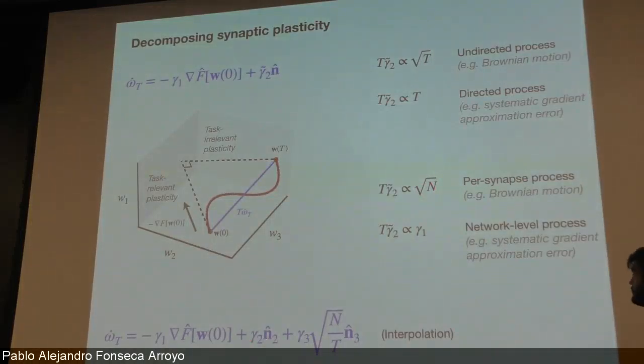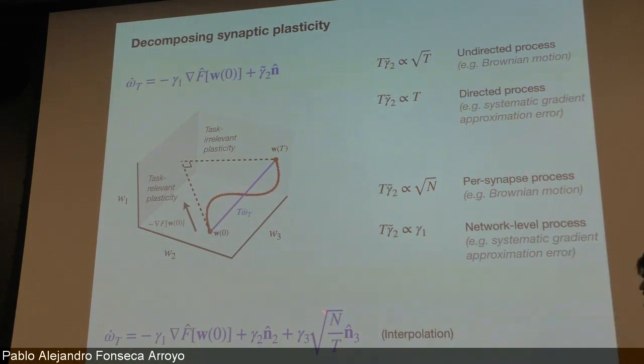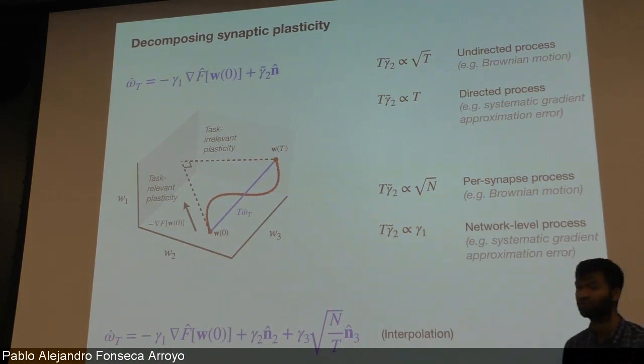So that would be, for instance, a systematic gradient approximation error. And the third term is what you get if you had a pure Brownian motion on the synapses. So it's scaling with root n and root t. Remember that the left-hand side here has a t in the denominator.